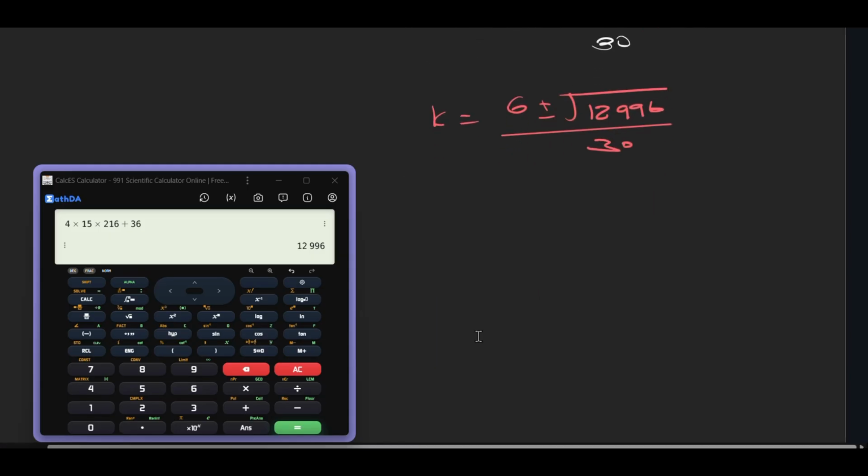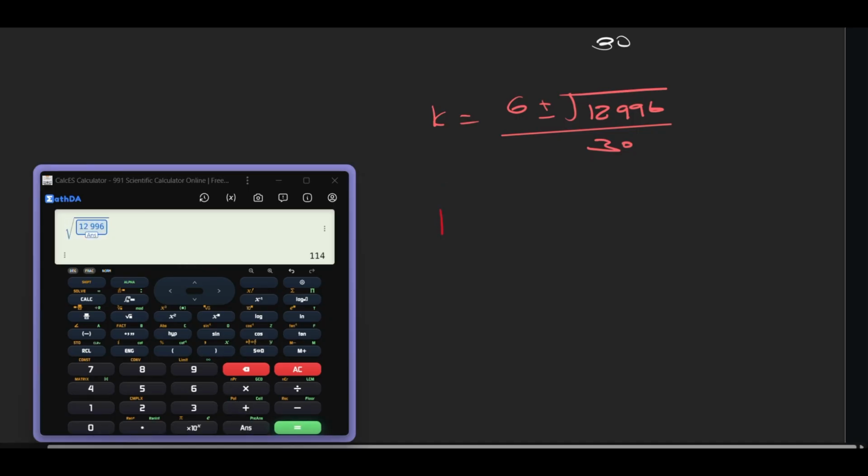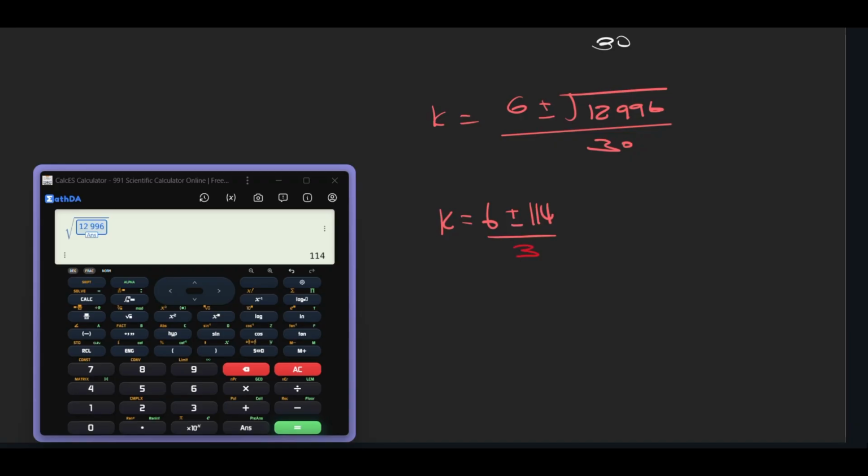Now I need to get the square root of 12,996. This is 114. So k is equal to 6 plus or minus 114 over 30.